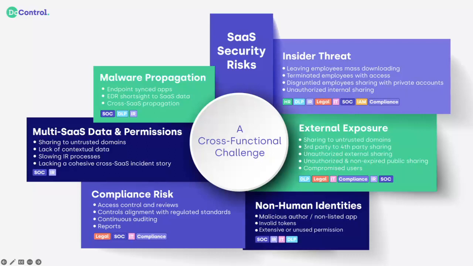These non-flesh and blood users have been around for some time, but there's certainly a presence here in the SaaS application environment as well. And that was what we had seen in that GitHub example, where those tokens, which were a part of an application to application workflow authorization, were compromised.